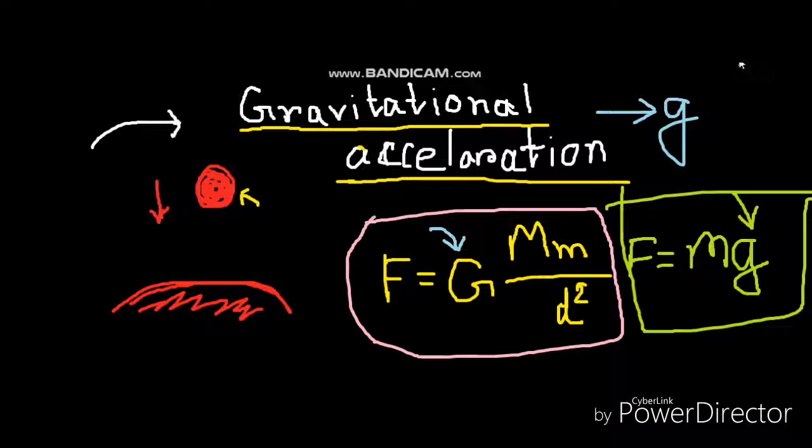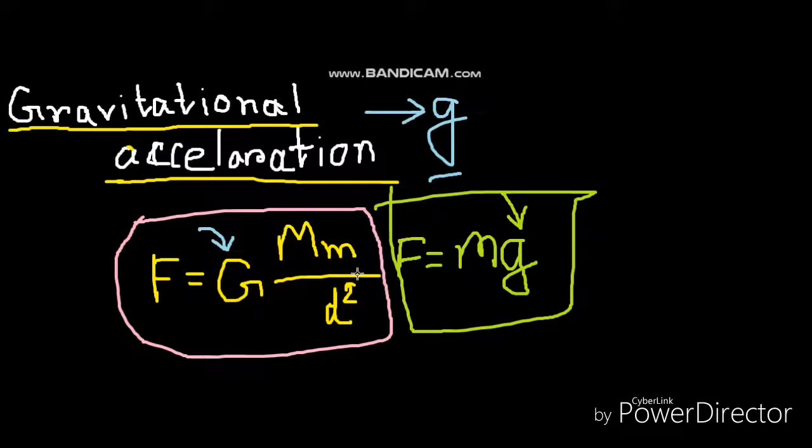And when it is in small letter g, this will refer to the gravitational acceleration. And from these two equations we can know what g is, or how we can calculate g.